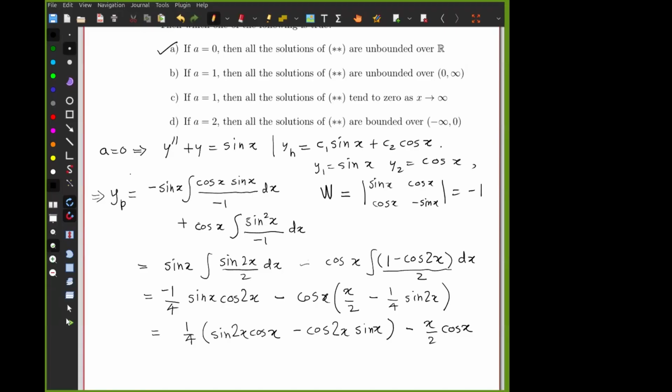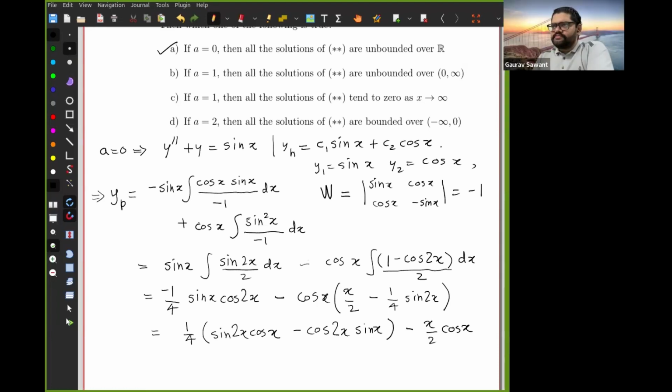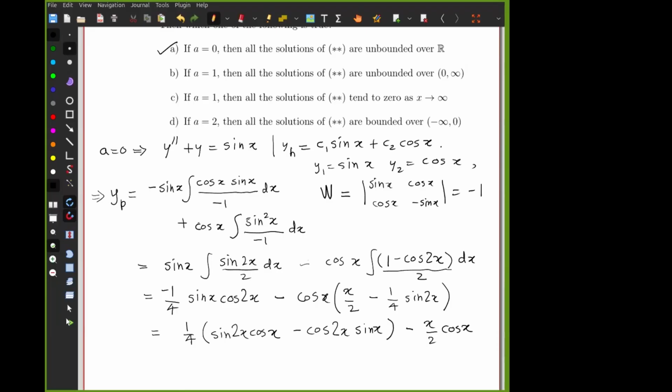From that the fact is now quite clear that I have to guess what is my form of the general y, YH, sorry, the corresponding homogeneous solution.